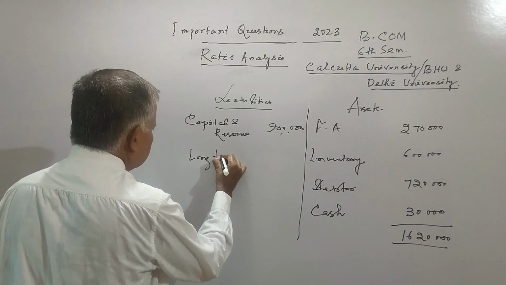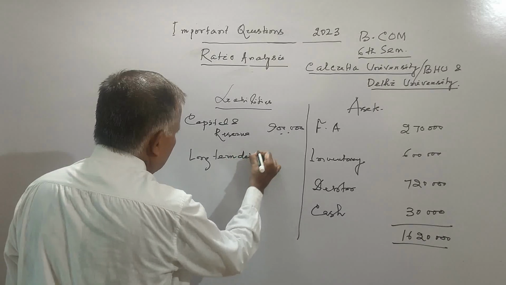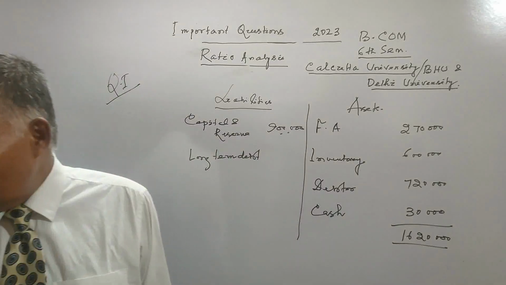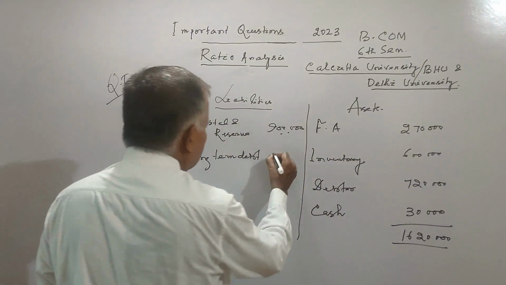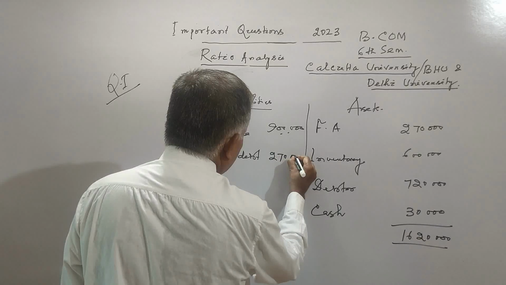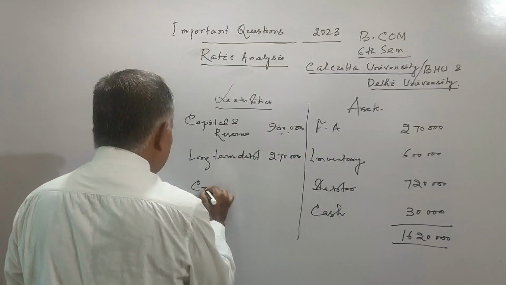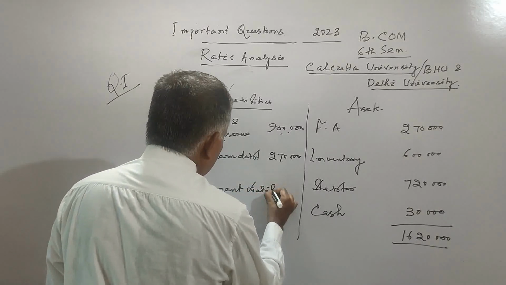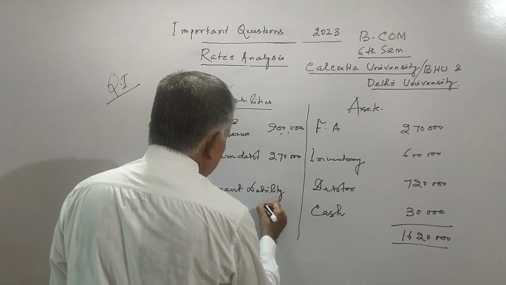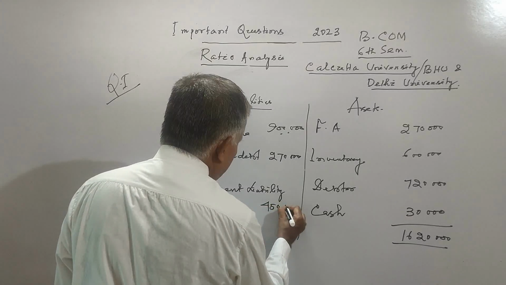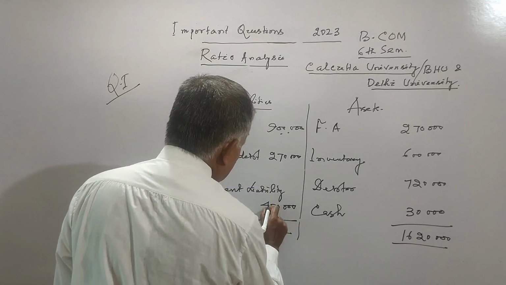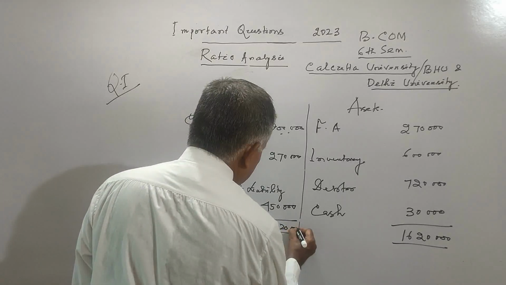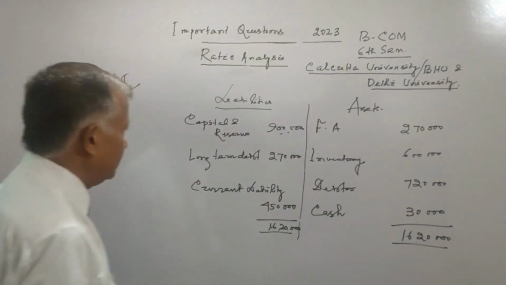Long-term debt, we have already found out, is 2,70,000. Your current liability is 4,50,000. Total comes to 16,20,000, right?